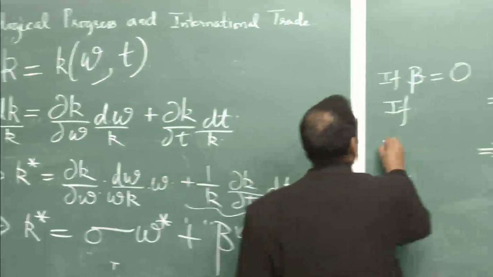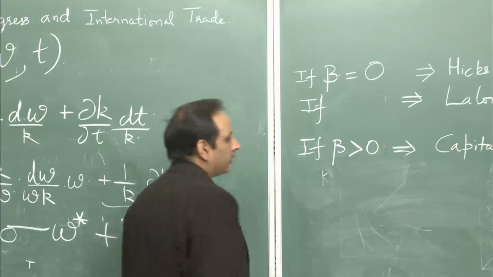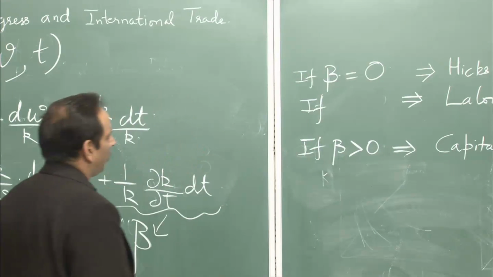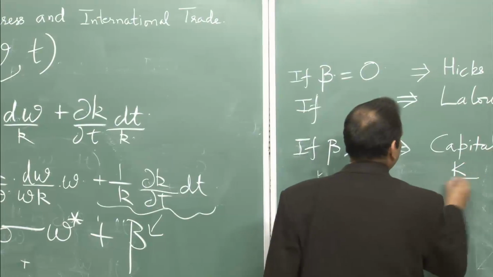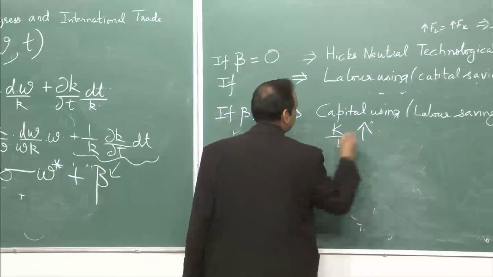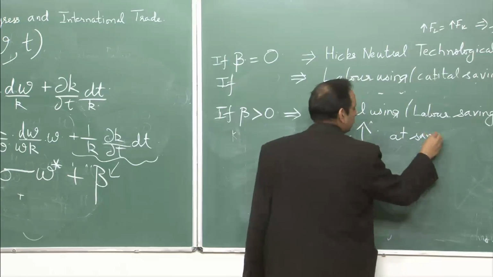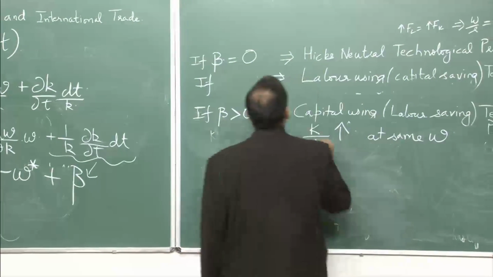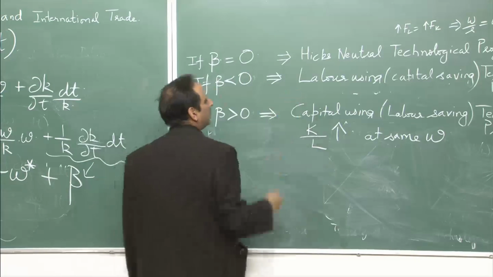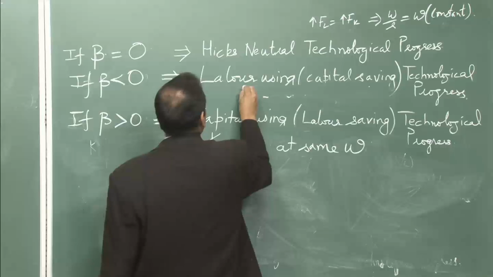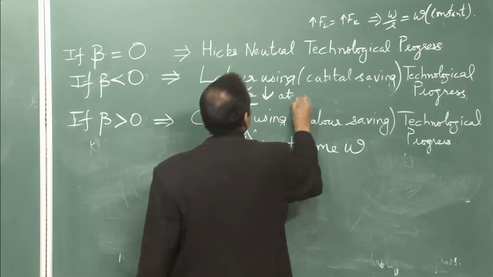If beta is greater than 0, then it is called the capital using or the labor saving technological progress. In this case, the K by L ratio increases at the same omega. And if beta is less than 0, you have the labor using technological progress. Here the capital labor ratio declines at the same omega.